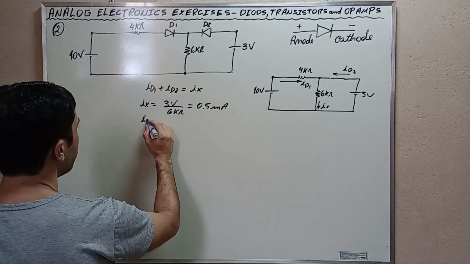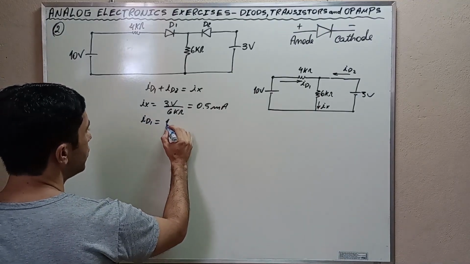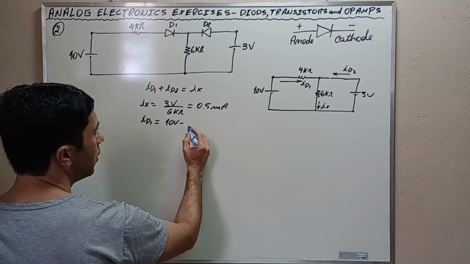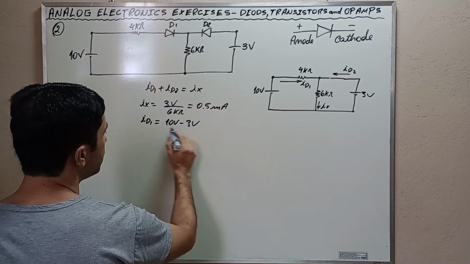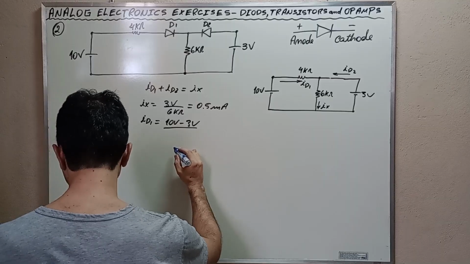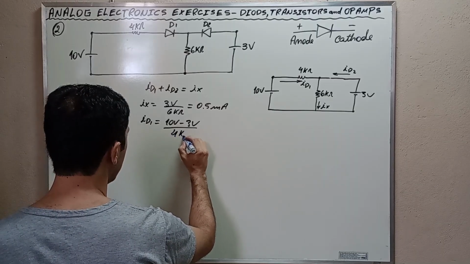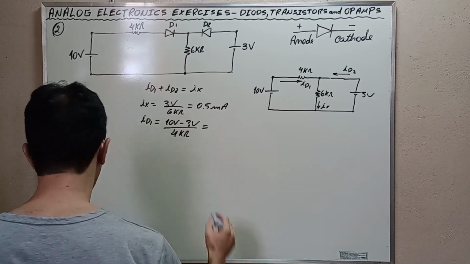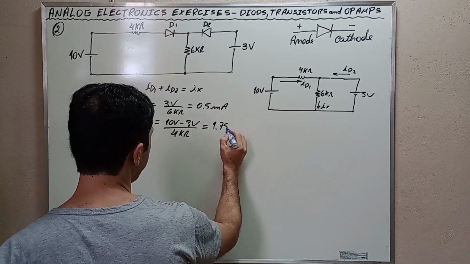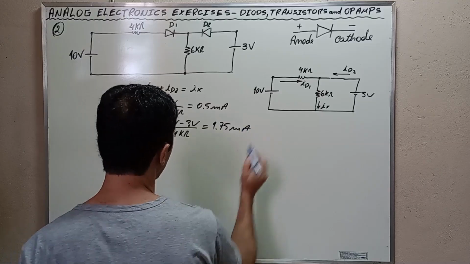ID1 is equal to 10 volts minus 3 volts divided by 4 kilo ohms, and this is equal to 1.75 milliamps.